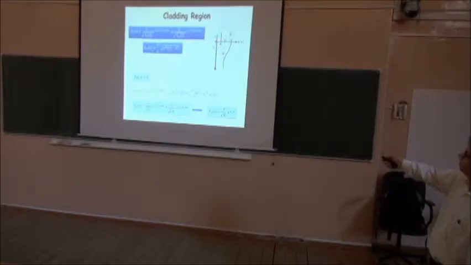This is the profile we're going to investigate today. I'm going to look at the solution in different regions. First, I'm going to look at this region. Then I'm going to go for the region that is mainly guiding the light. And then we're going to look for another region that is beyond the guiding region.